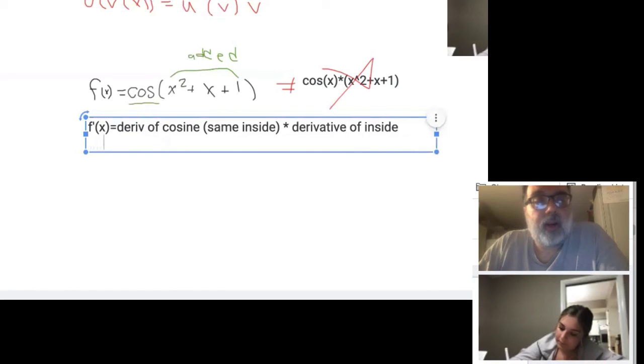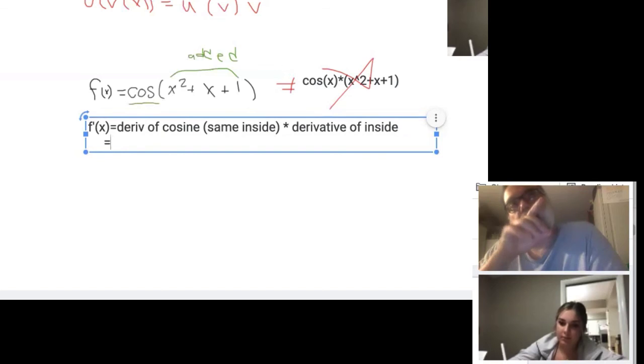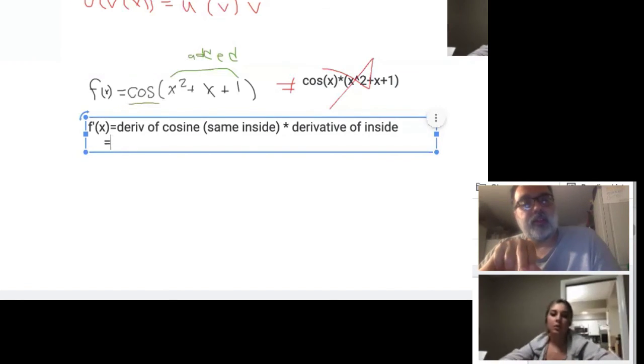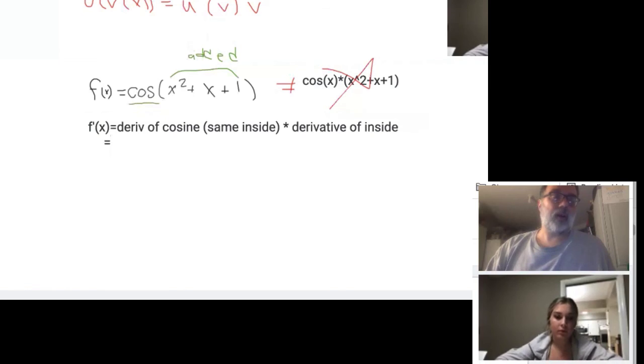Okay, and then here's where either we remember or we look up somewhere what the derivative of cosine is. Would it be sine? I'm not sure, but... So it turns out the derivative of sine is cosine, but the derivative of cosine is negative sine. And how I remember it is, cosine starts at 1, and then it's going down.